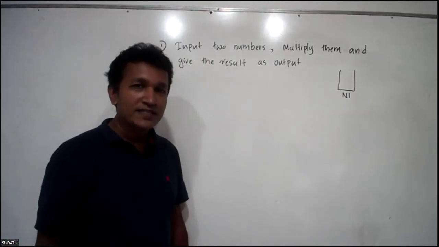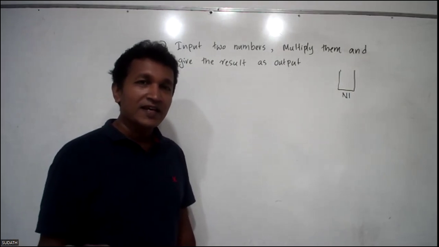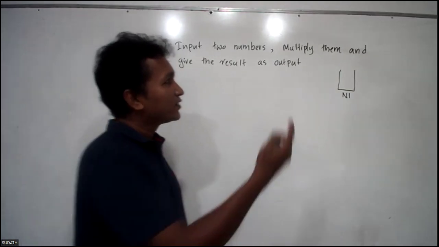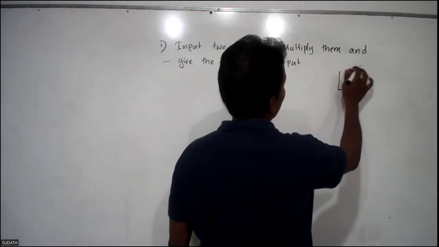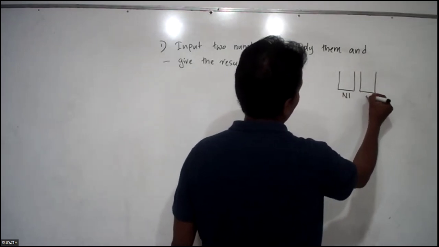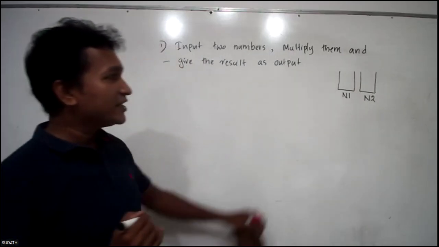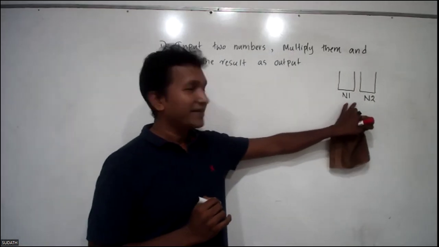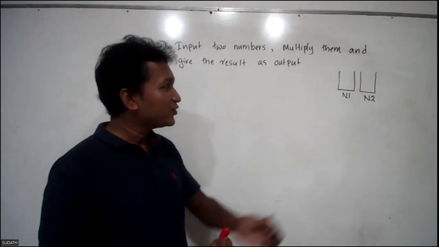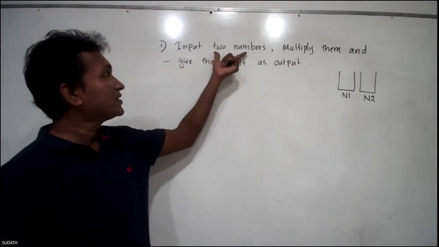The user is giving two numbers as input. We have to multiply them and give the output. So we need another variable to store the second value. I'll create it as n2. There are two variables now to store two numbers.